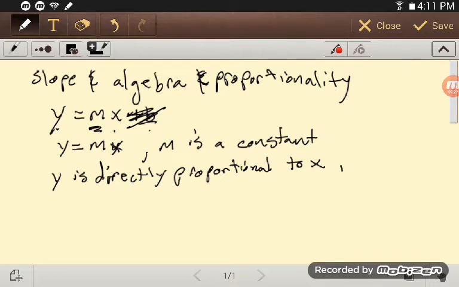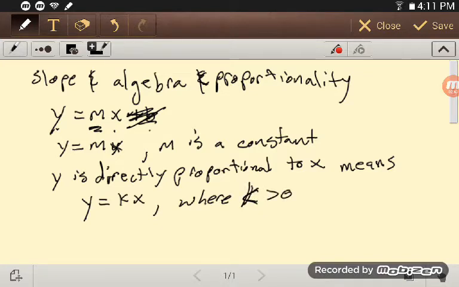Okay, this is what it means when we say that. It means, simply algebraically speaking, y equals k times x, where k is greater than 0.